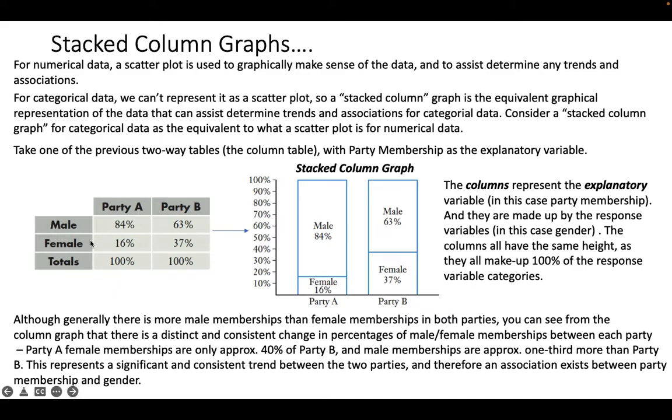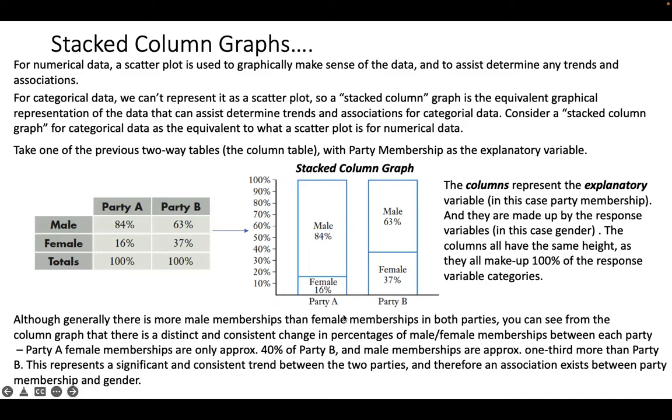You can sometimes determine association and trends just from the percentage two-way table, although it is just so much easier by visually looking at a stacked column graph. In this course, stacked column graphs may be specifically assessed in a test or an exam, but in the history of all the WACE exams, there's been very few questions that directly ask for a stacked column graph to be drawn, but it is a really handy skill because it helps you identify associations.